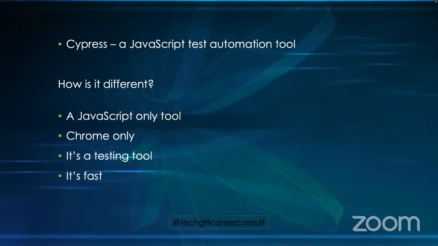And there's a couple of reasons why Cypress is just different to all the other test automation tools that are out there. One of the reasons is it's a JavaScript only tool. Just like Selenium works in multiple programming languages like Java, Python, C#, and JavaScript, we have Cypress that only uses the JavaScript language.